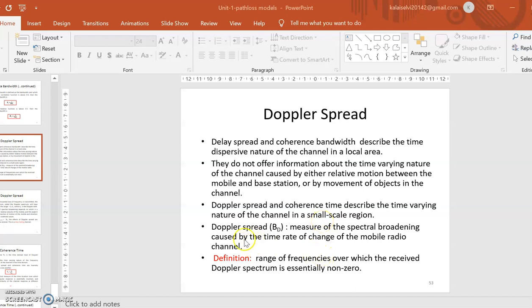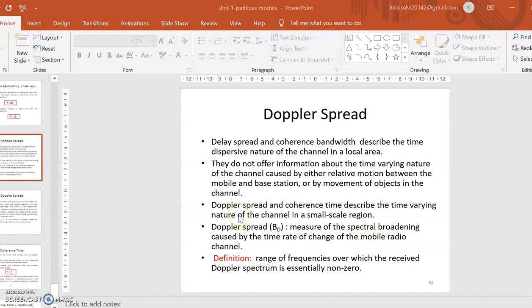So what is Doppler spread? It is a measure of the range of frequencies in which some broadening of the frequency has occurred. It is a measure of the spectral broadening caused by the time rate of change of the mobile radio channel.